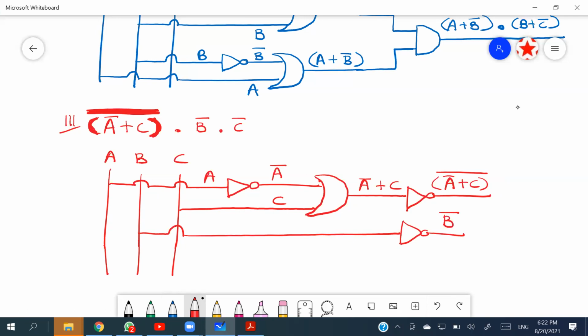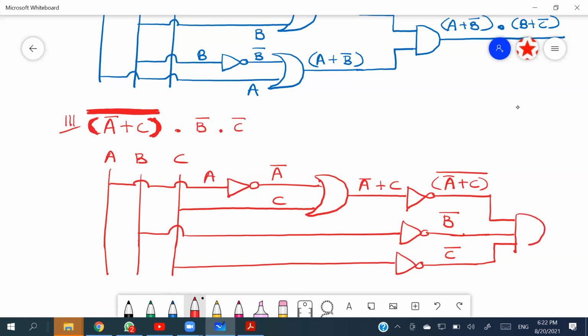So it will create B bar, and I take C and again send it through a NOT gate. This will give me C bar. Now I can send all these lines inside an AND gate, which gives me the final output.